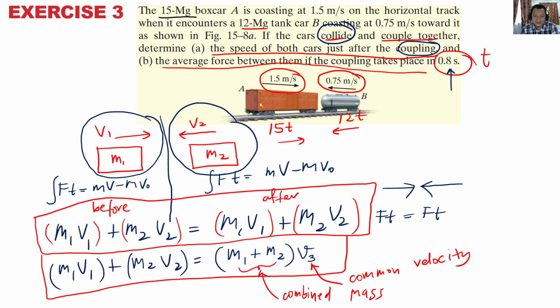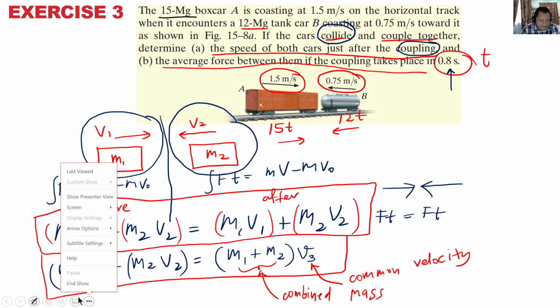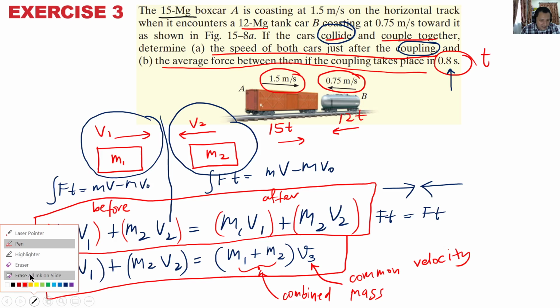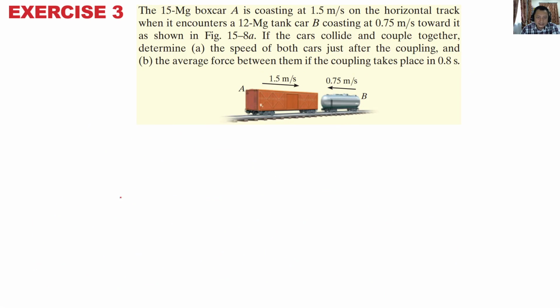So now let's do this problem. I hope you jot down these formulas, because now we're going to clear this up and erase all the ink on the other side. Let's do this one. So now we have to use equation number 2, which is m1 v1 plus m2 v2 equals m1 plus m2 traveling at a common velocity v3.